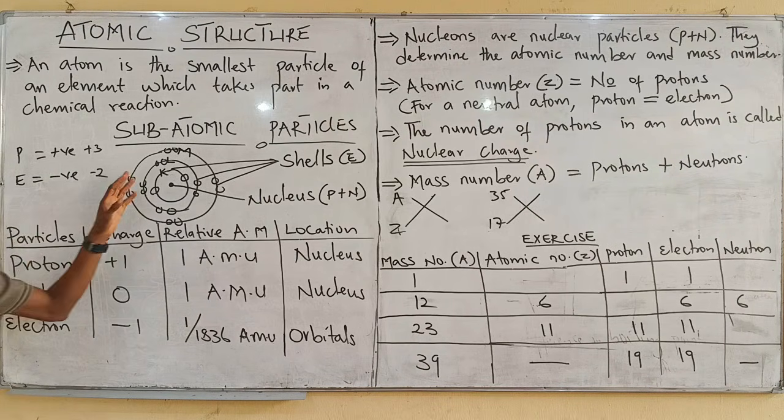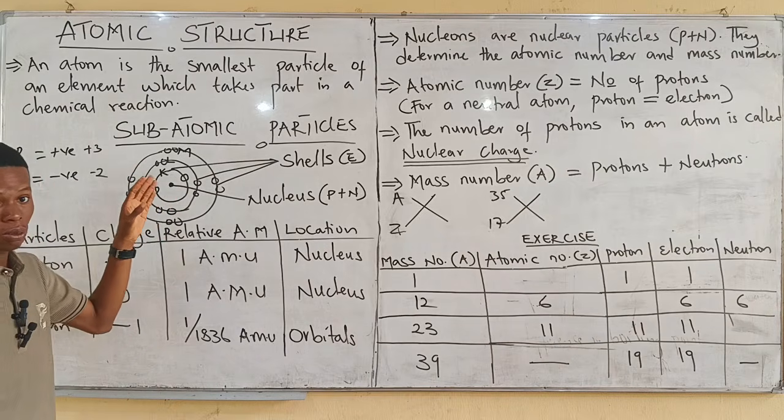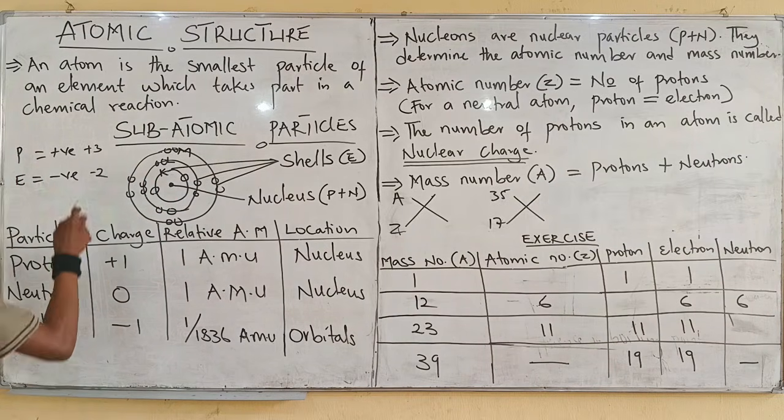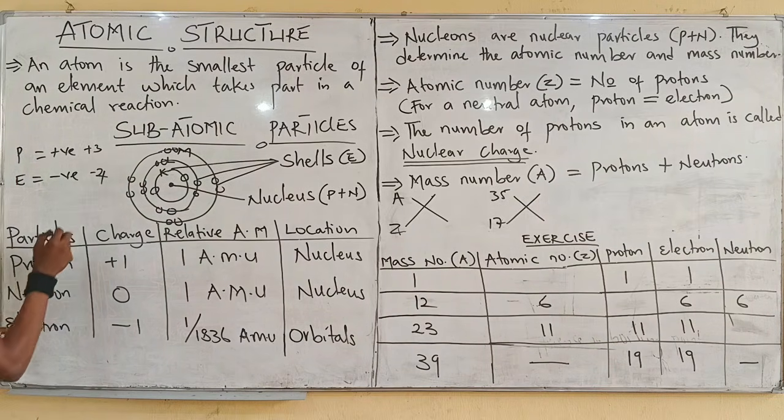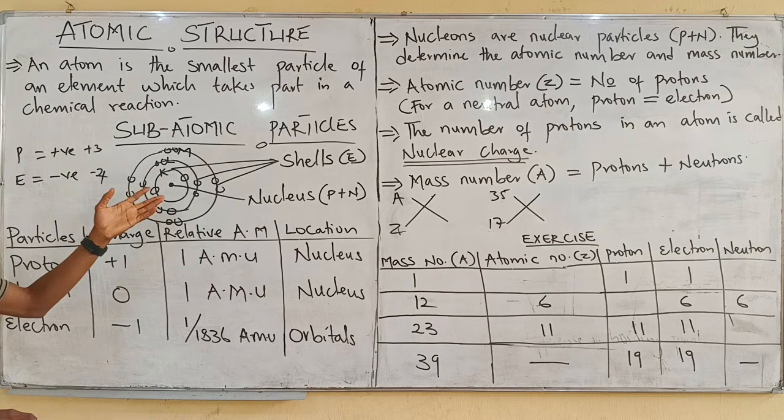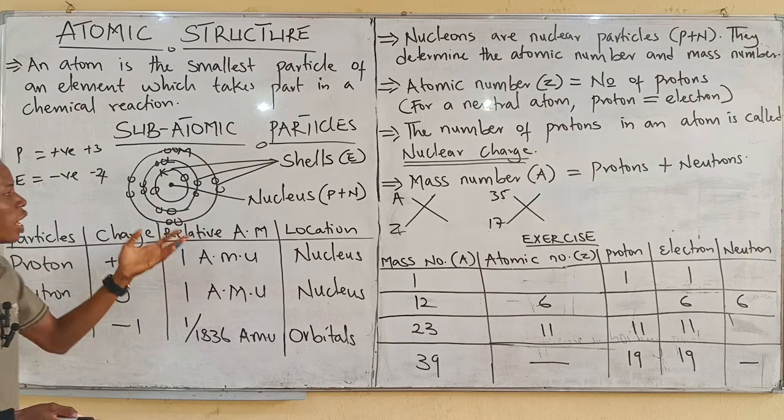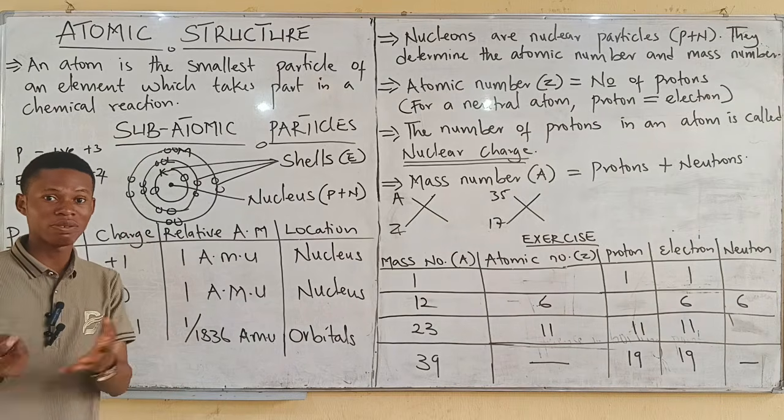So you see that the atom will be charged +1. If the electron is, say, -4 and the proton is +3, what will be the overall charge of the atom? +3 minus 4 will give us what? -1, right? Meaning the atom will have an overall charge of -1, negatively charged.